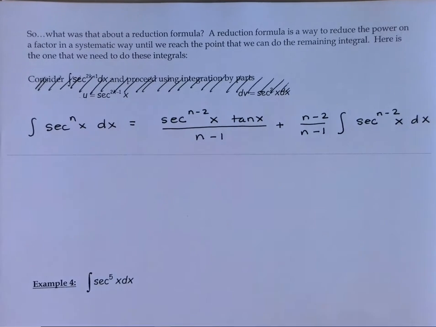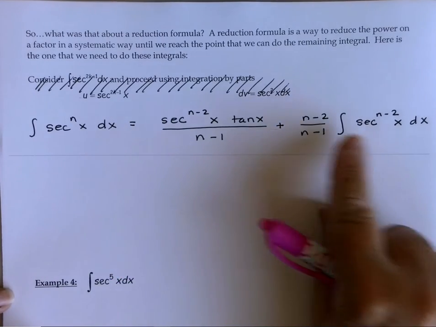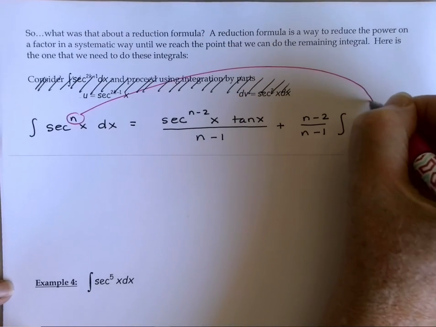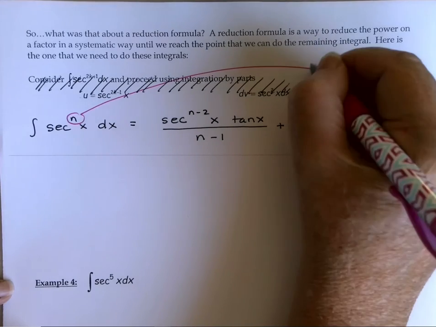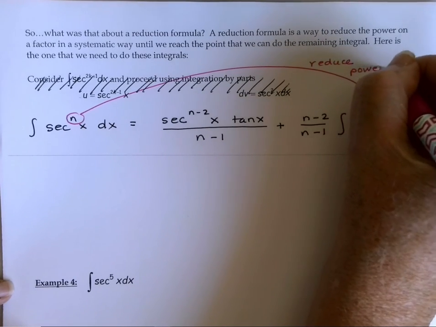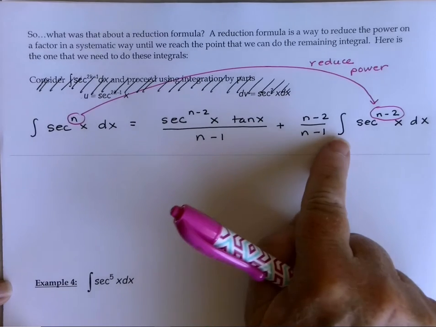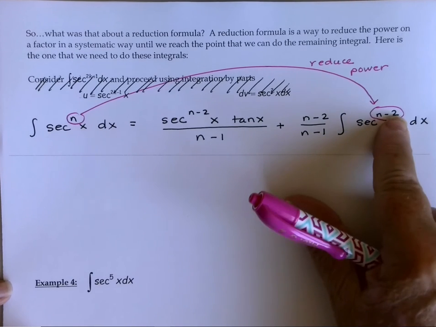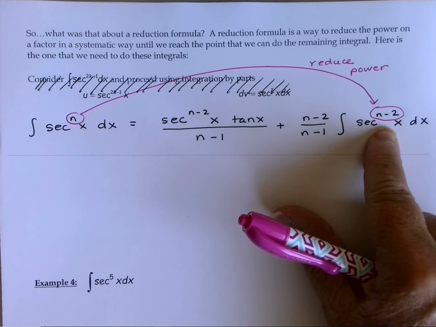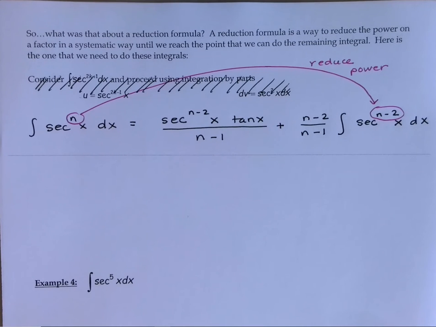Again, the idea here is we need to integrate a power of secant. The formula still contains an integral, but we've literally reduced the power in the new integral. Ultimately, our goal is to get to the point, if we use this enough, that this becomes either secant squared that we know how to integrate, or potentially secant to the first that we know how to integrate as well, just from our basic little list of integrals that we have.